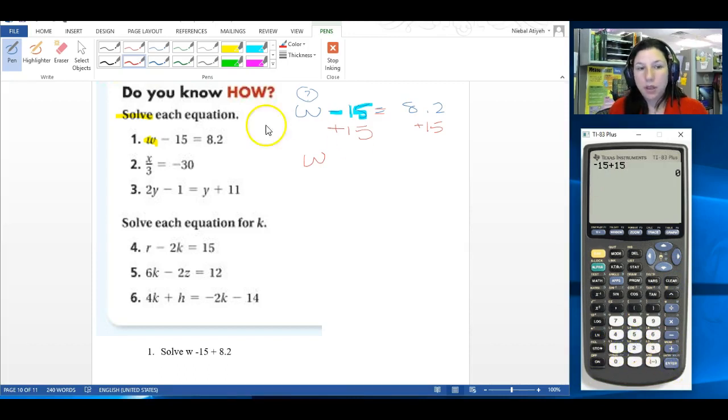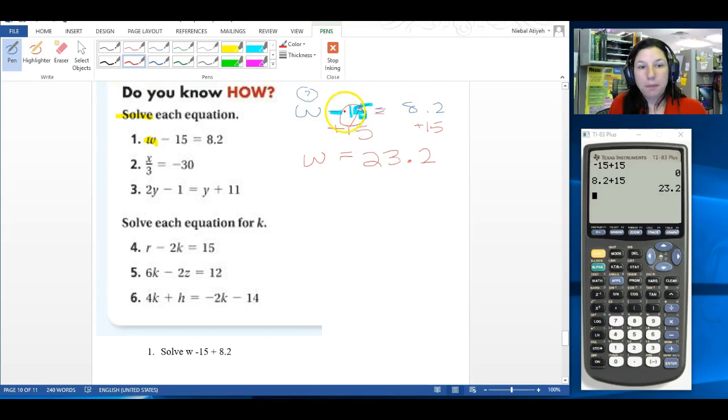That gives me 0. And something plus 0 is just that something. W plus 0 is just going to be W. So this cancels, and then I have 8.2 plus 15. Okay, so W equals 23.2. And you can remember the equations read both ways.